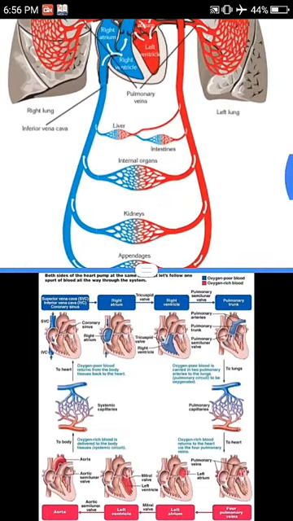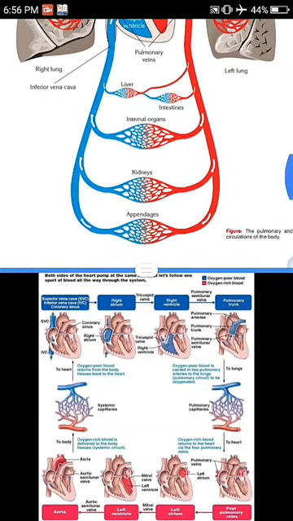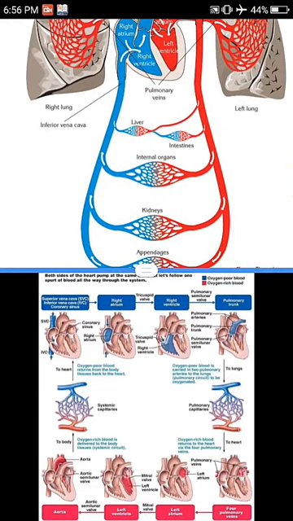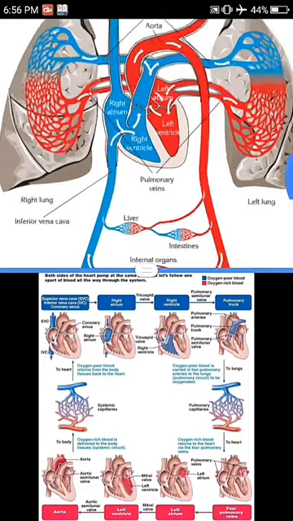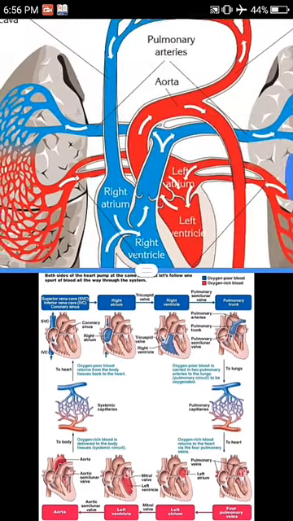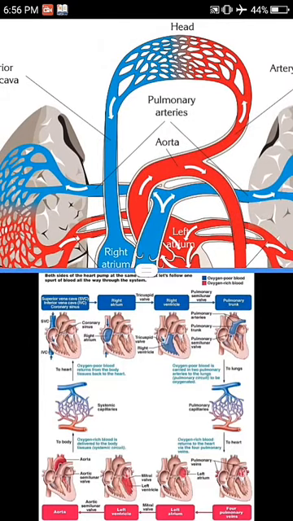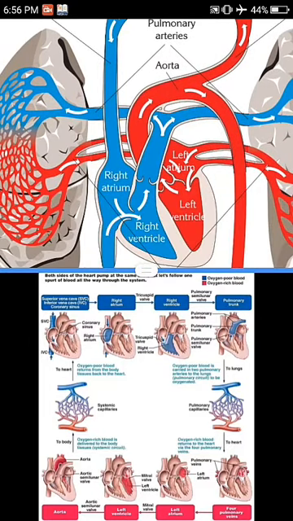So then again the poorly oxygenated blood travels to the right atrium, and the same process is repeated.